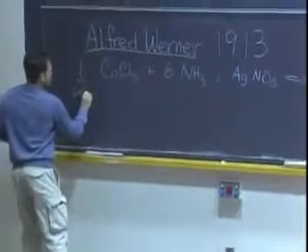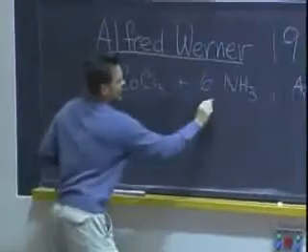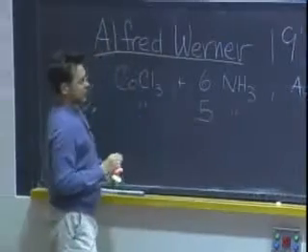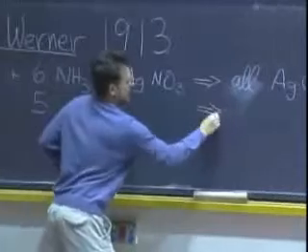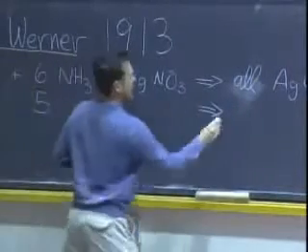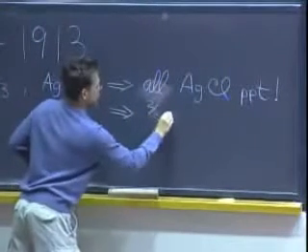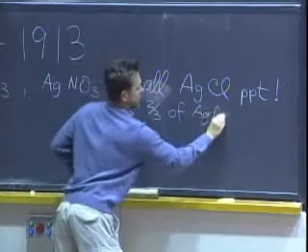And he did a series of experiments. And so if he uses cobalt trichloride and less ammonia, namely 5 equivalents of ammonia, then he finds that leads instead to 2/3 of the possible AgCl precipitate.